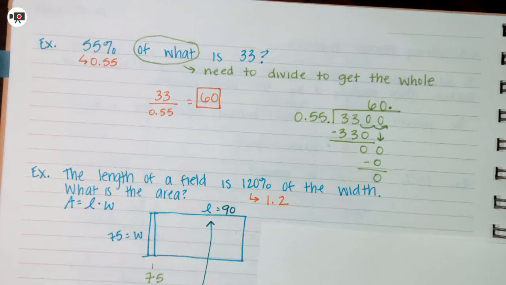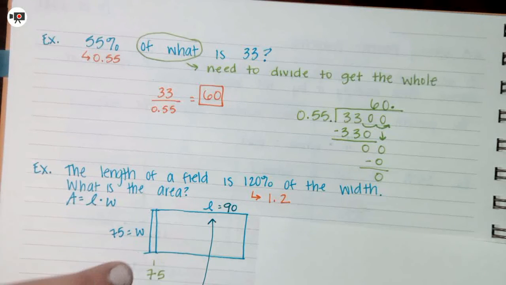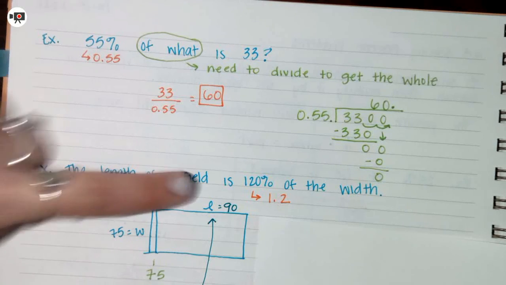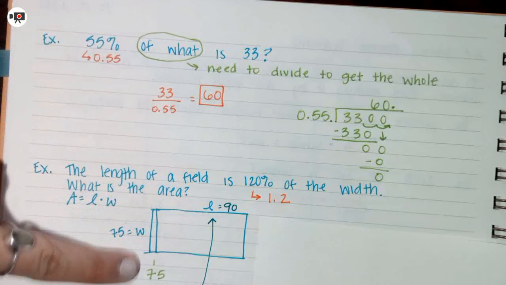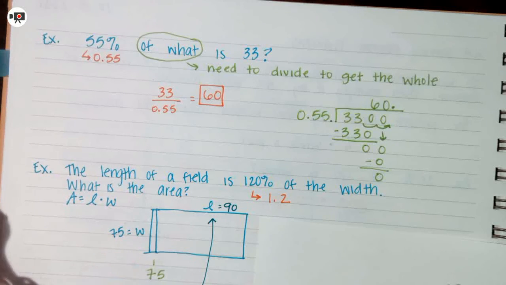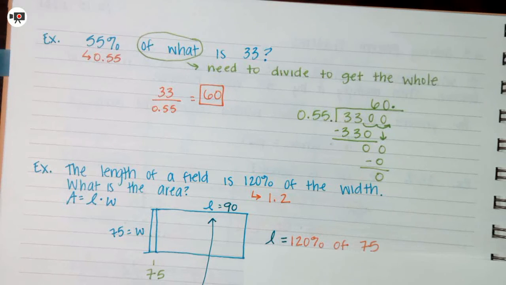So I'm doing 1.2 times 75 will give me the length. So 1.2 times 75 is 90, and that is the length. So my length is 120% of 75. That's what I'm doing.